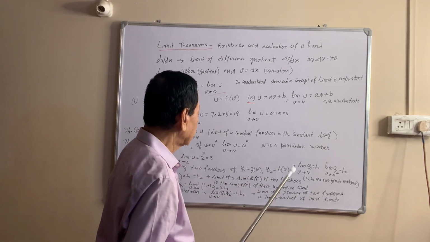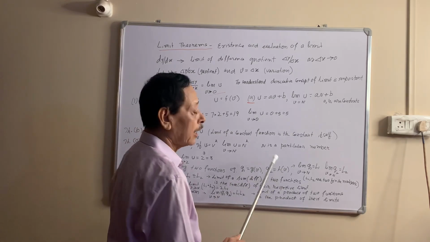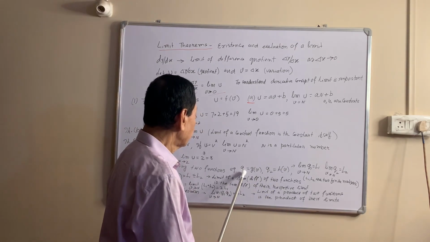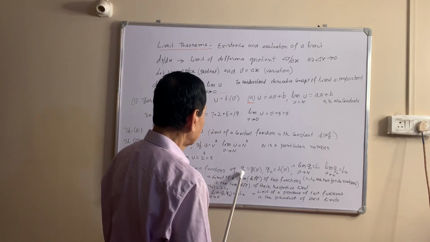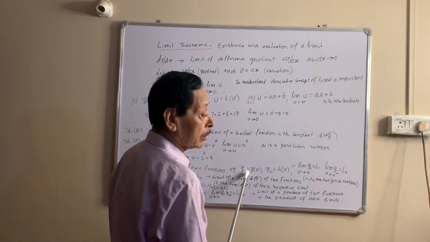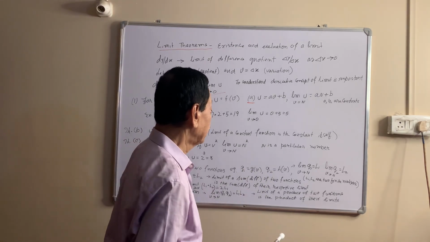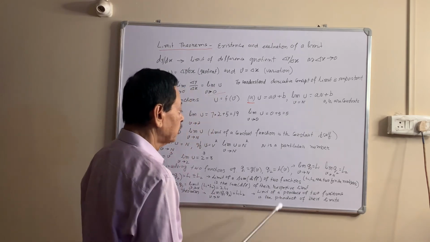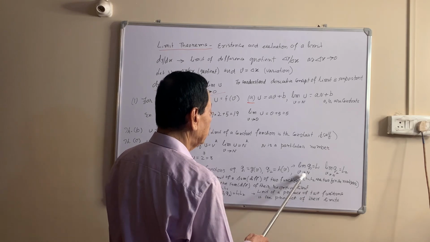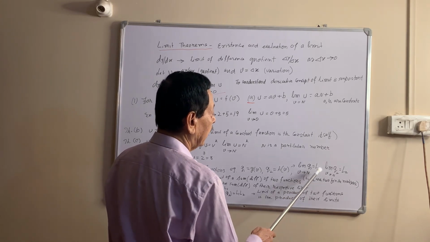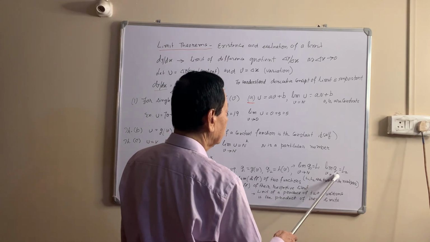So the limit of q1 is L1 when v tends to n, and the limit of q2 is L2 when v tends to n.